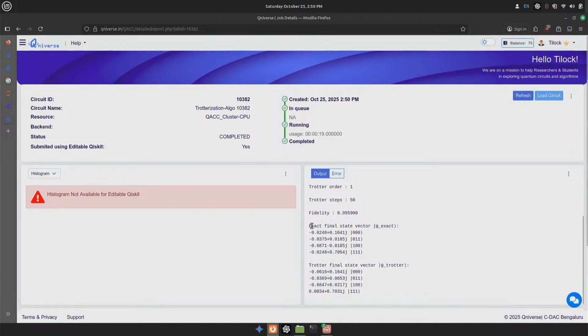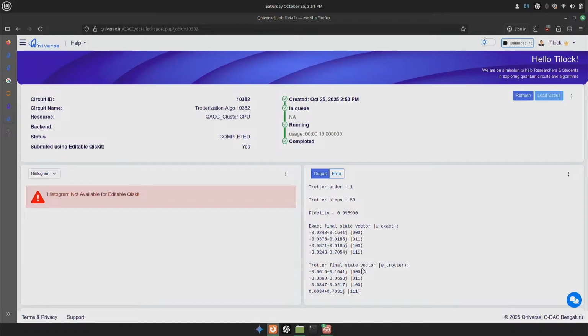So you see, this is the exact final state vector that I was supposed to get, and this is the final state vector that I have got using my algorithm. If you merge these together, the fidelity I'm receiving is 0.99. The probability distribution matches quite closely with the exact final state vector that I was supposed to receive with the trotterized simulation version.